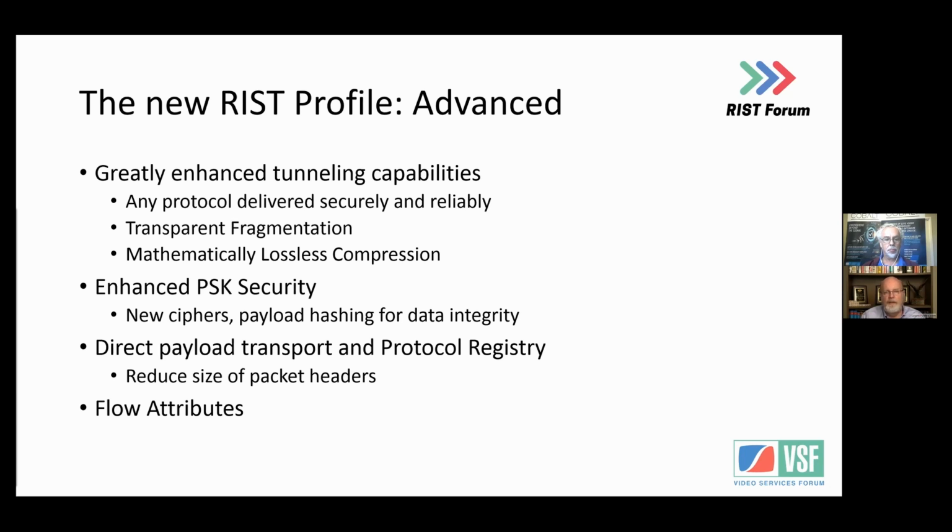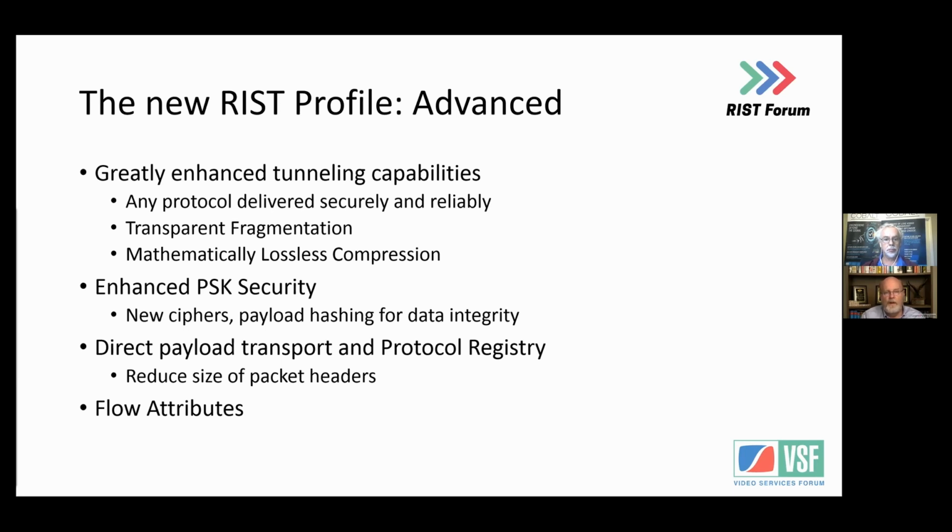We've also enabled transparent fragmentation. And the reason we did that was primarily because you have to be careful about your packet sizes getting too large. The existing network-based fragmentation schemes don't really work that well. This is fragmentation done strictly within the entry point and the exit point of the RIST tunnel, so that it's transparent to the devices on either side, unlike, for example, IP fragmentation, where once the packet is fragmented, it remains fragmented all the way to the receiver, and the ultimate destination has to put the fragments back together.